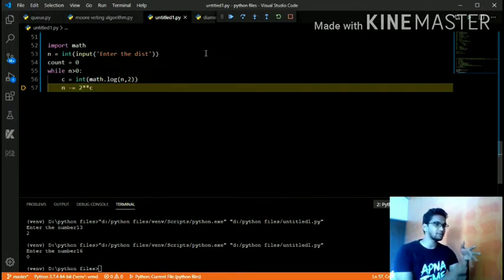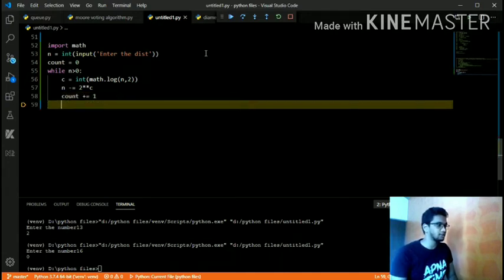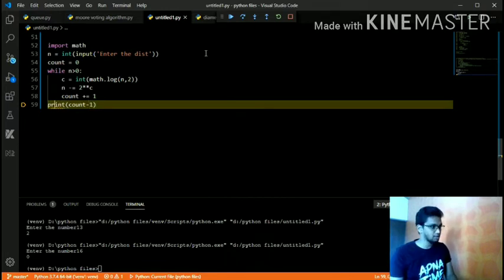They have given that the ball will travel some distance which is some power of 2. That's why I'm removing that much power of 2 from the distance. Then I'm going to update the count plus equal to 1, and I'm going to print count minus 1. Let's print actually.